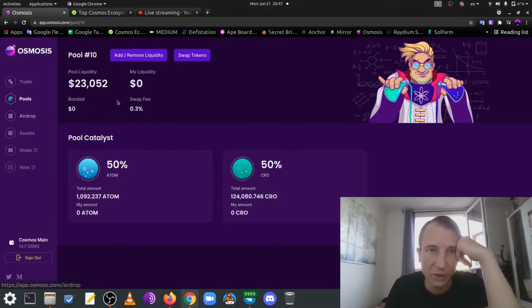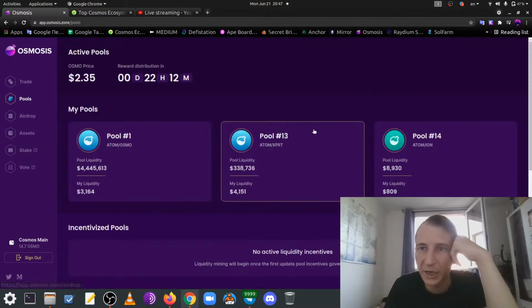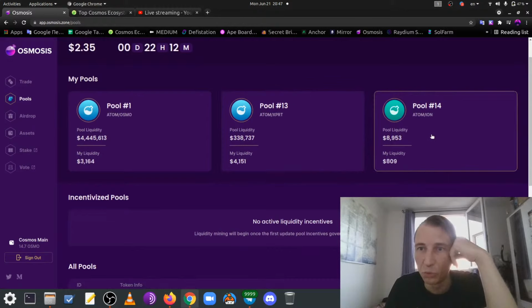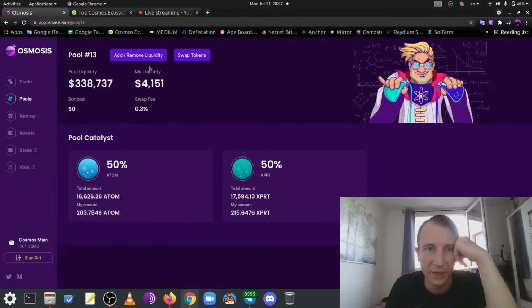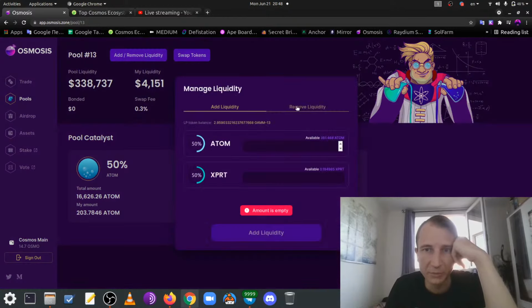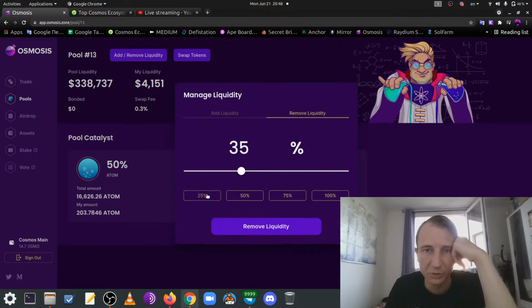So I return part of my tokens from pool number 10. I go to the other pool where I have Atom XPRT, okay, and I will redeem some part of my liquidity, okay, 25%.